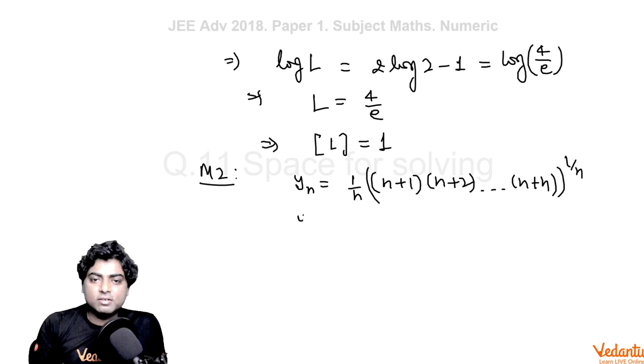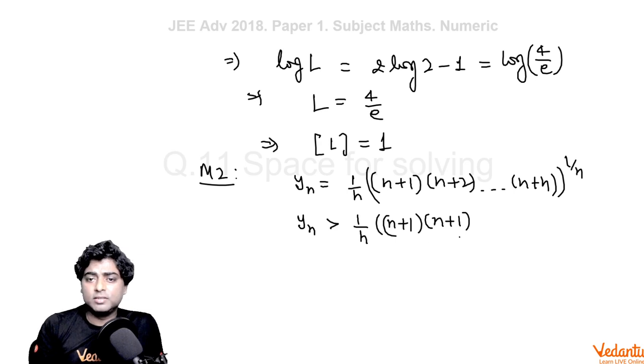So can I write yn is more than, if I replace every bracket by n plus 1. Obviously what I am writing is smaller than yn actually, so yn is more than this. I replace everything by n plus 1 here, as n is positive.